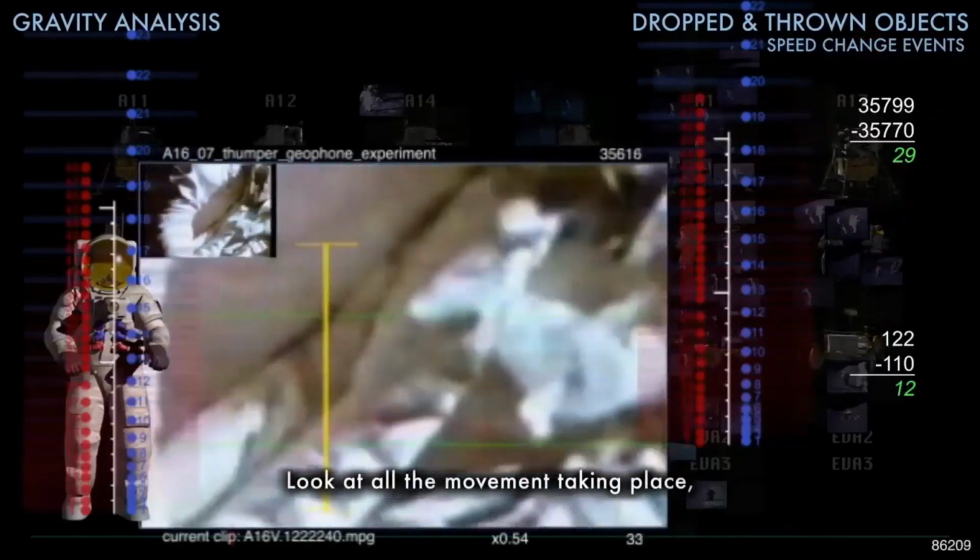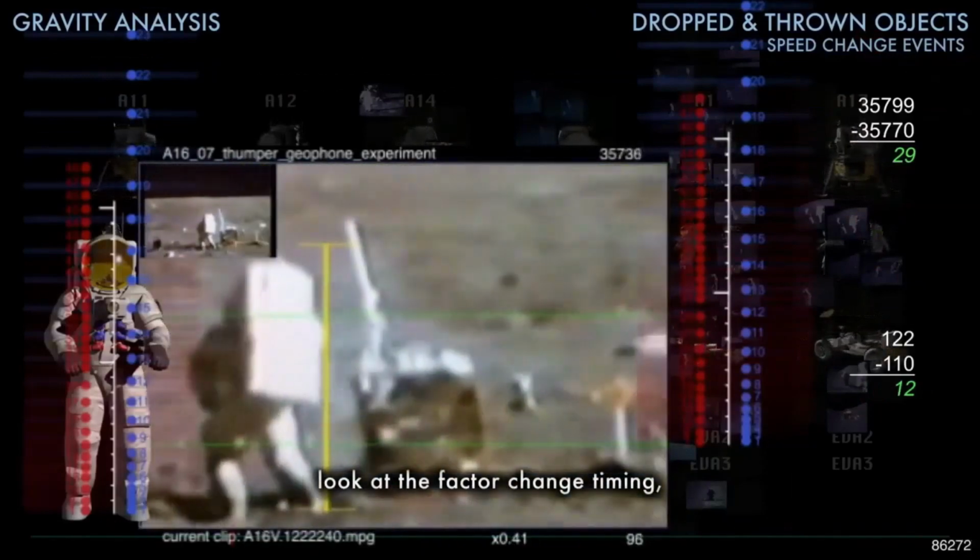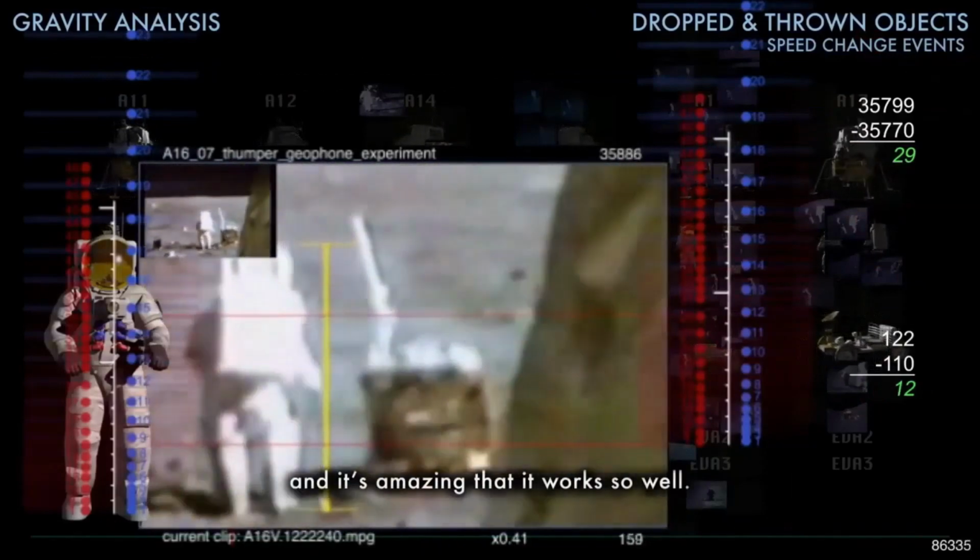Look at all the movement taking place. Look at the factor change timing. And it's amazing that it works so well.